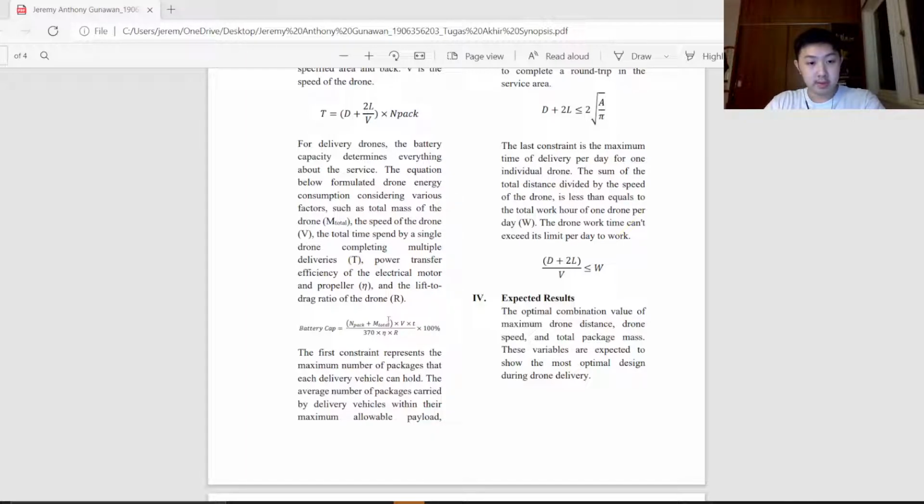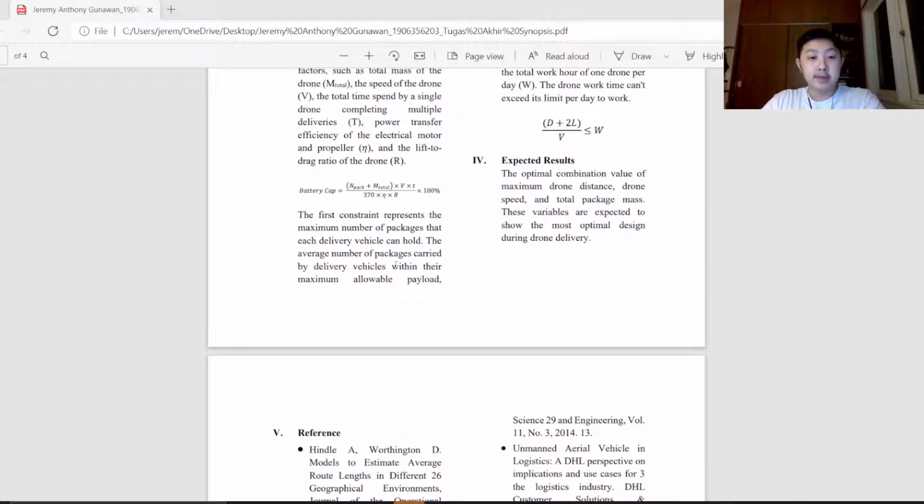The equation below is formulated for drone energy consumption, considering various factors like the number of packages, the total mass, which means the mass of the package plus the mass of the drone, times the speed of the drone, times T, which is the total time spent by a single drone completing multiple deliveries, divided by 370 times the efficiency, which is the power transfer efficiency of the electrical motors and propeller, and the lift to drag ratio of the drone, times 100%.